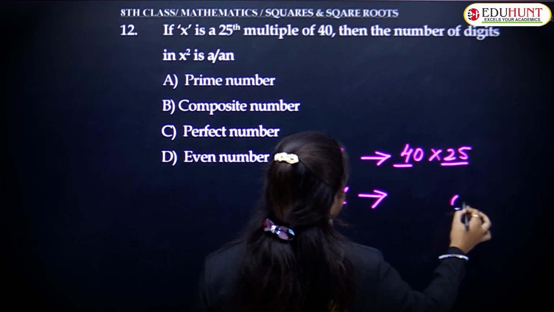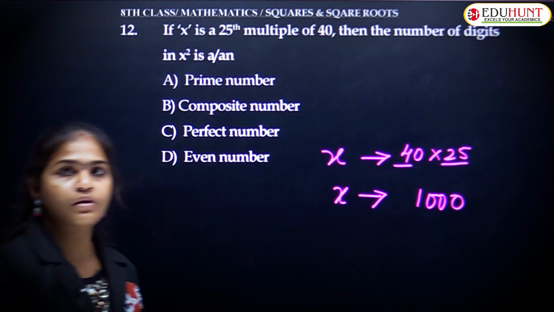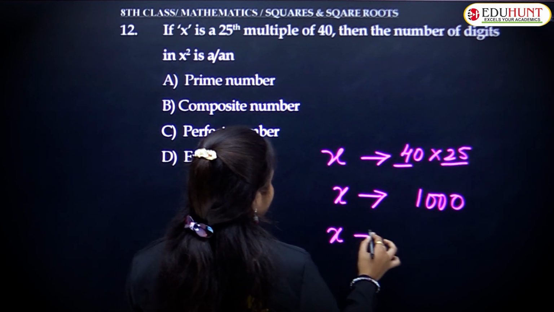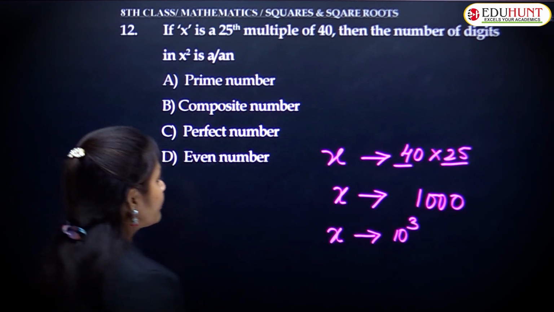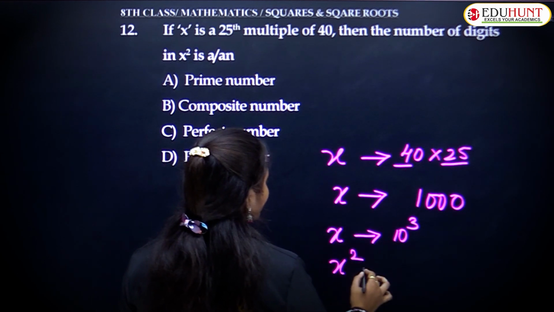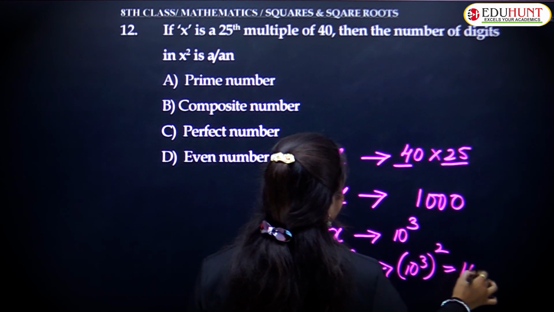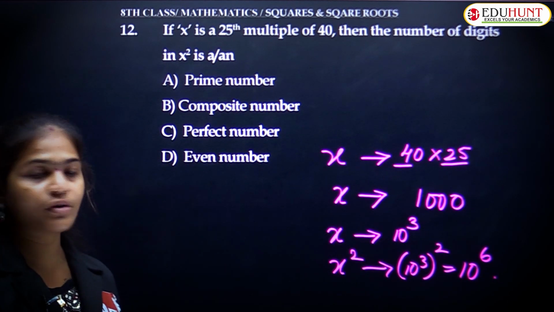So 25 4s are 100, so x is 1000. We can write x is 1000 as 10 cube. So x square is 10 cube whole square, which is equal to 10 to the power of 6.